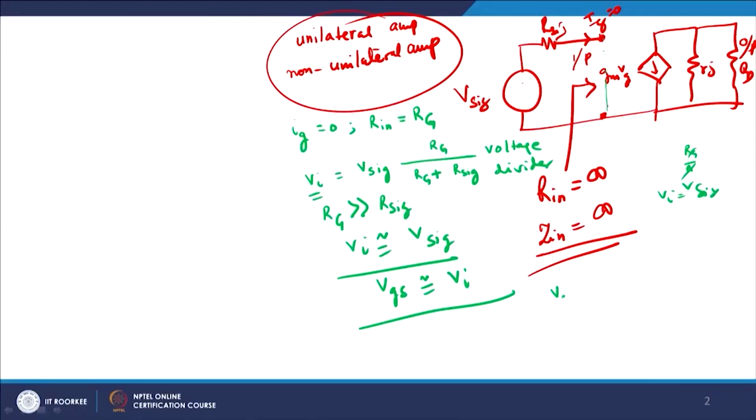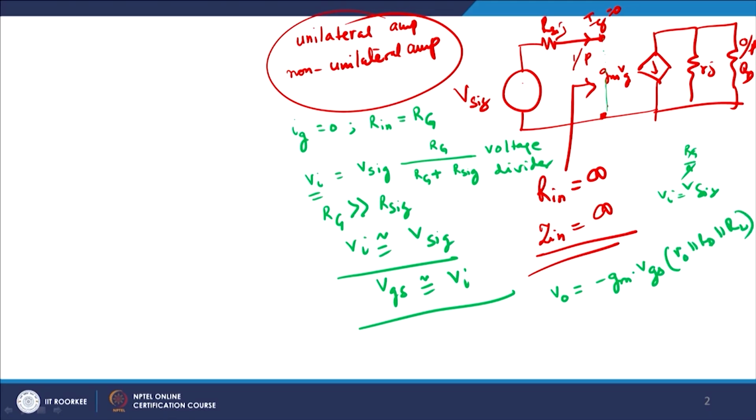With this knowledge we have already, if you remember from our previous discussion, that the AV voltage gain was equal to Gm times Rd. With that knowledge, let me see how it works out. Let me suppose I want to find out VO, the output voltage, then it will be minus Gm times Vgs times Ro parallel to Rd parallel to RL.